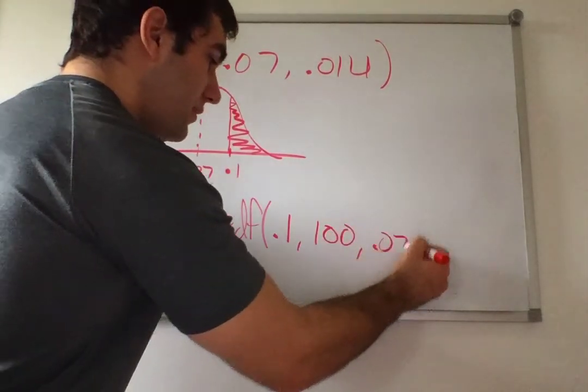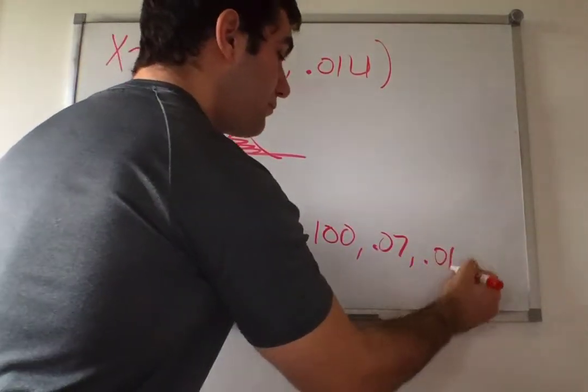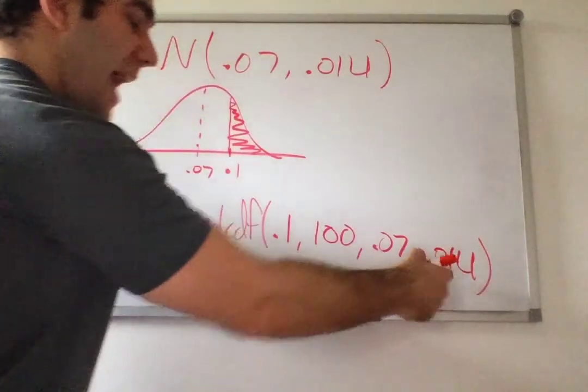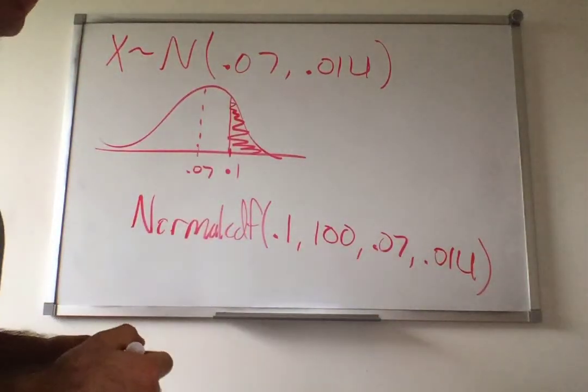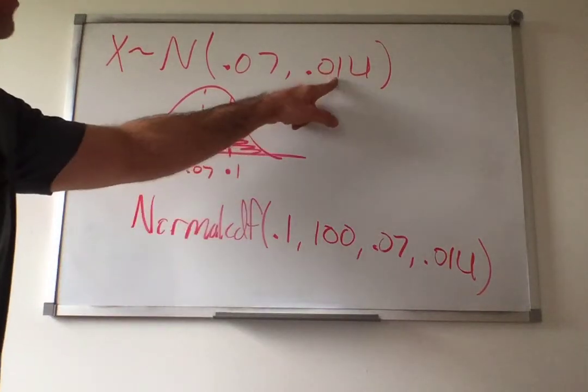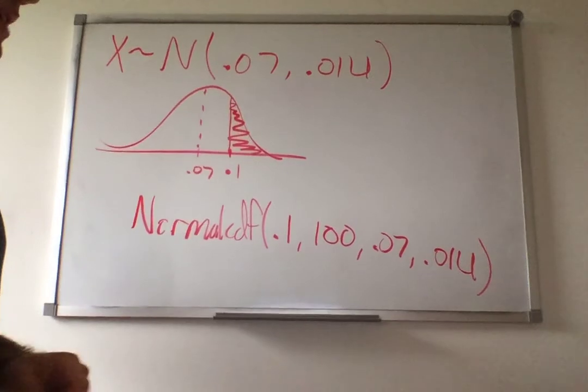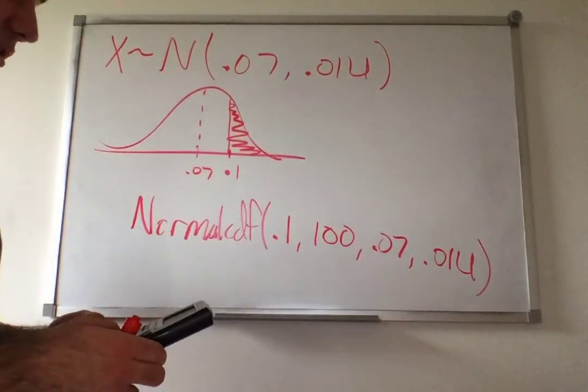Our mean, and now our standard deviation. You do not have to divide this one by the square root of 300. We already did that on the previous step. This is the correct standard deviation you should be using. So don't divide it by the square root of 300 again.